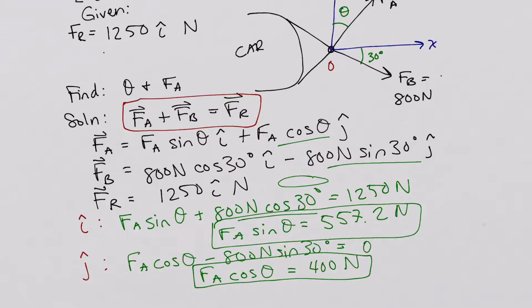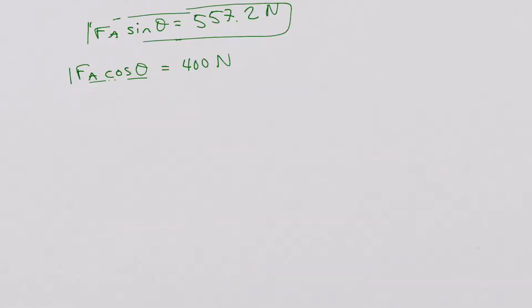Alright, so I just pulled both of those equations through. So we have two equations. So this is equation 1 and this one's equation 2. What we can say is that if we take equation 2, FA equals 400 newtons over cosine of theta.